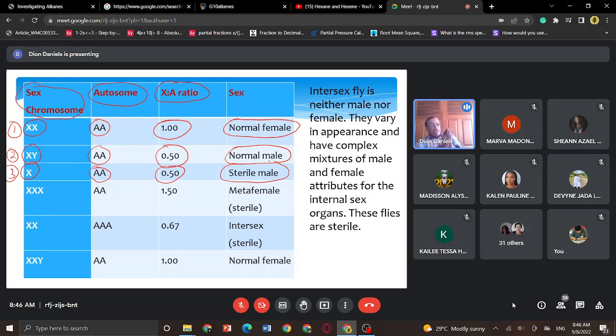So in fruit flies, the Y chromosome does not determine the sex, but rather determines fertility in males. So if we go further, you have this particular case of this organism having 3 X chromosomes and the normal 2 sets of autosomes.